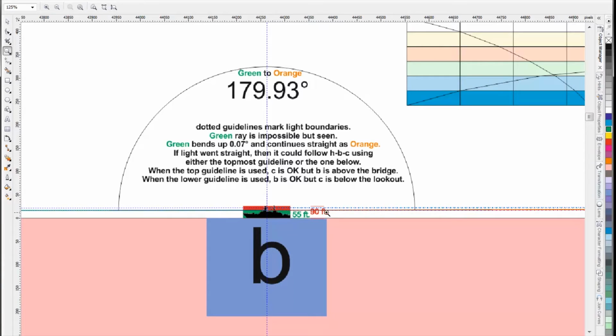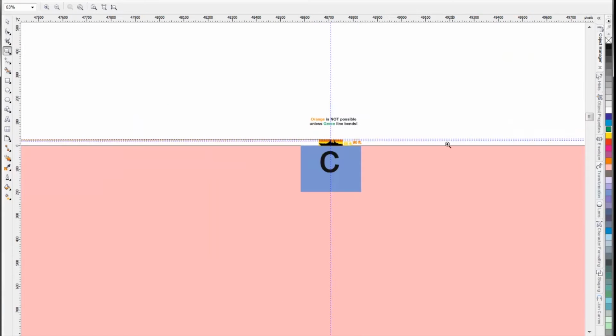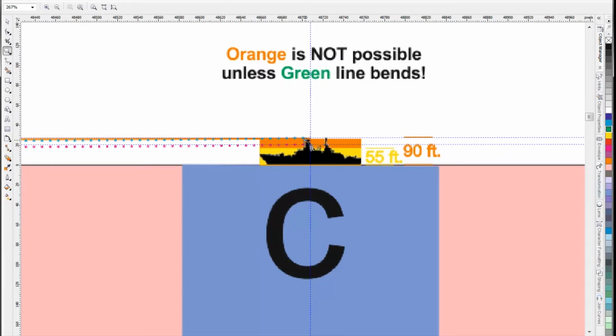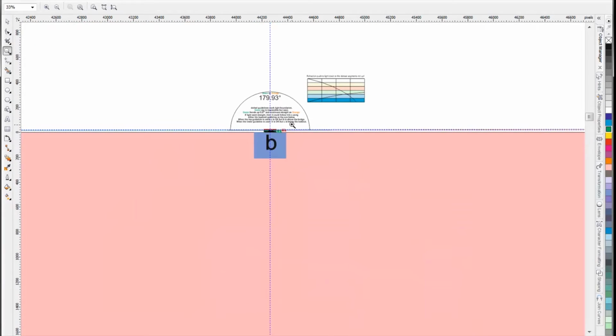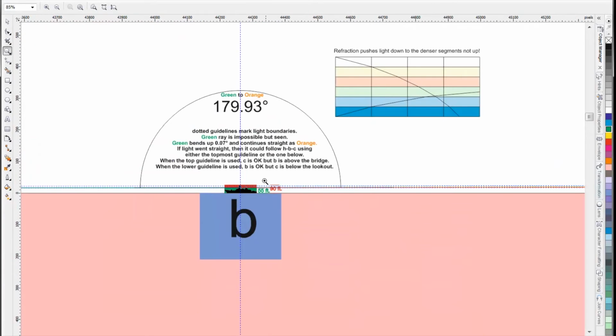And I extended this line and I forced it to hit aloft. So in order to do that, I had to bend the light ray upwards by 0.07 degrees.